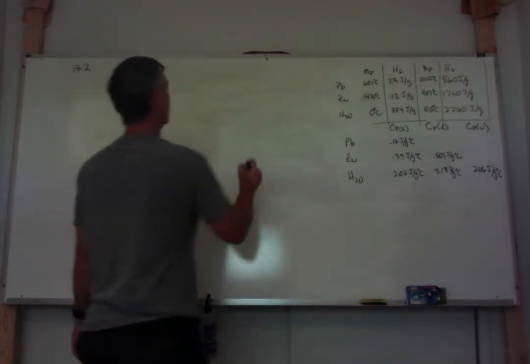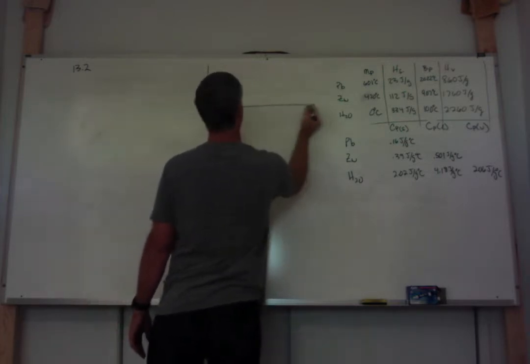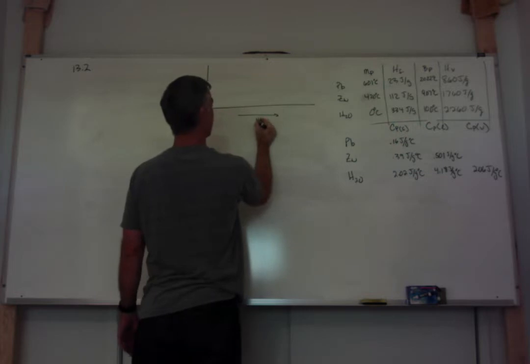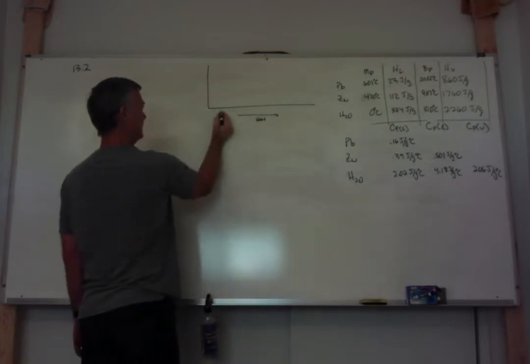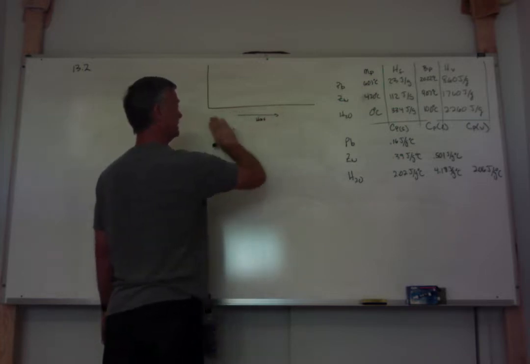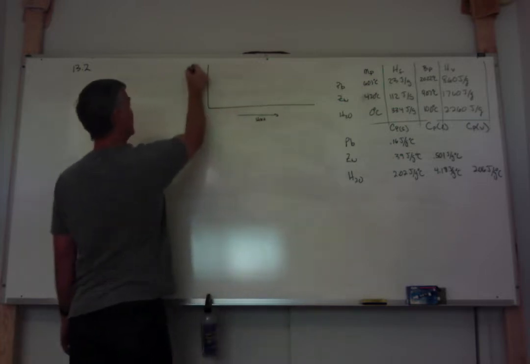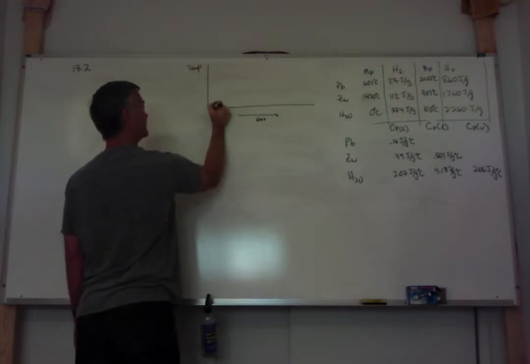So let me put up here, if you remember, I hope you do, if I put heat in, and this is heat going in at a constant rate. If this was 100 joules, 200, 300, there's heat that's going in, and this is temperature. And the curve will always look something like this.